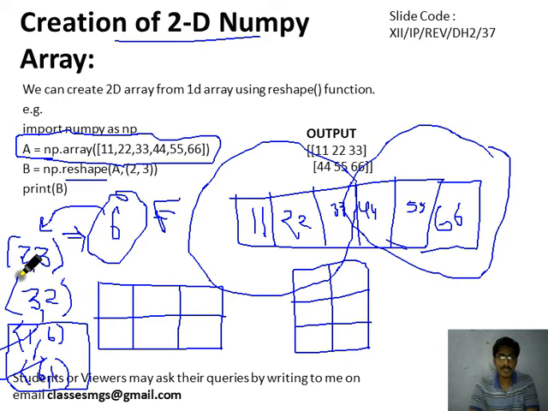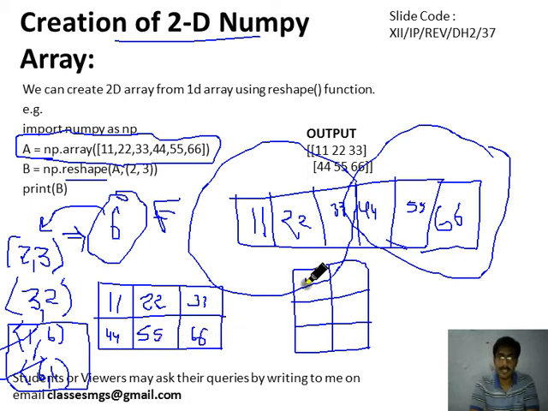So 2 rows and 3 columns, the values will be 11, 22, 33, 3 elements, then 44, 55, 66.